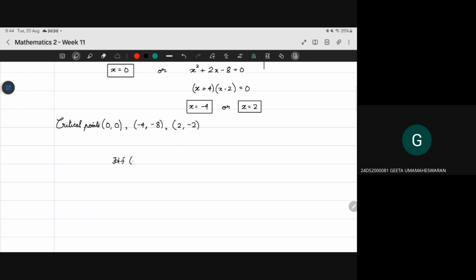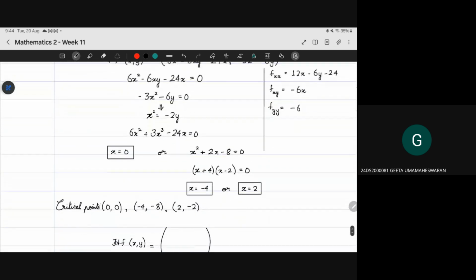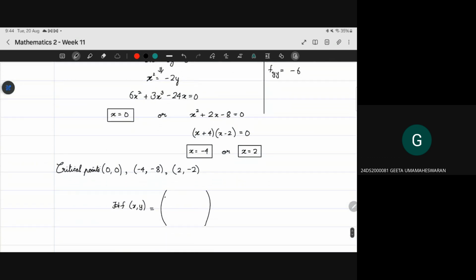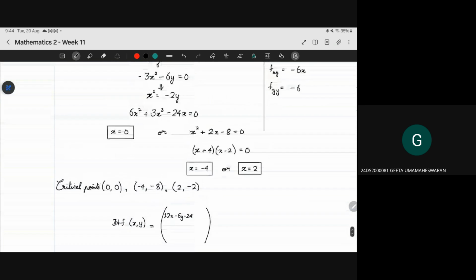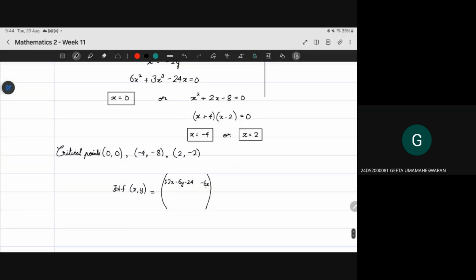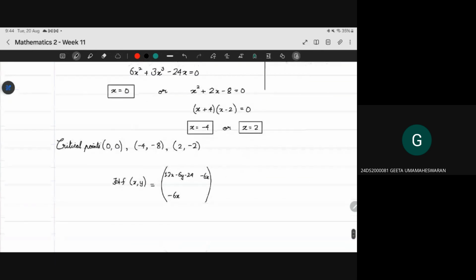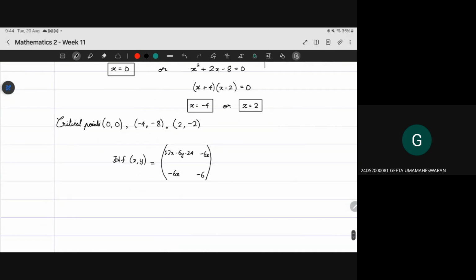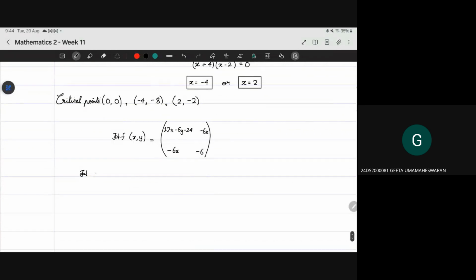Now Hessian of f at the general point x comma y is a 2 cross 2 matrix with 12x minus 6y minus 24, and minus 6x, and minus 6. If the computations are right, it should be that. And you look at the Hessian at (0, 0). This will be minus 24, 0, 0, minus 6.